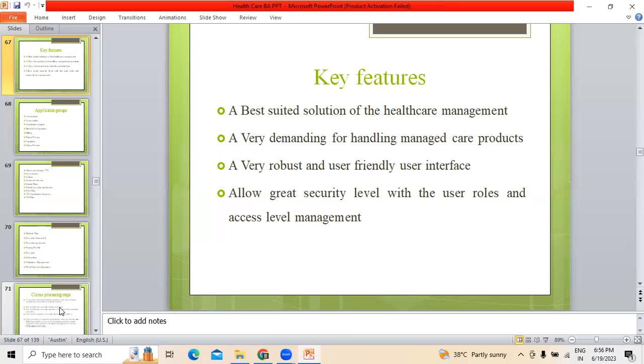Providers are healthcare providers; payers are insurance companies or CMS, Medicare or Medicaid people. Everybody has to follow the security levels. Next, to make security more intense, even claims related codes will be inbuilt. So these are the key features we have in context to FACETS.